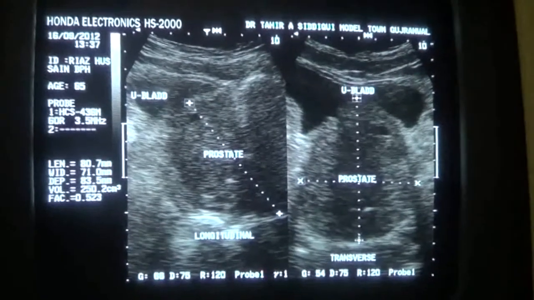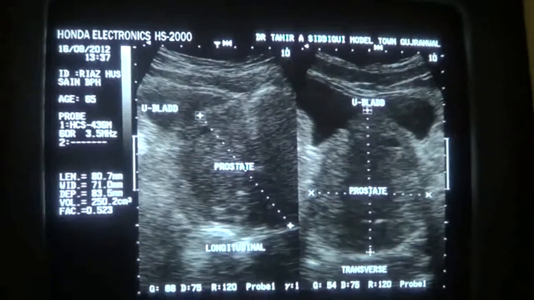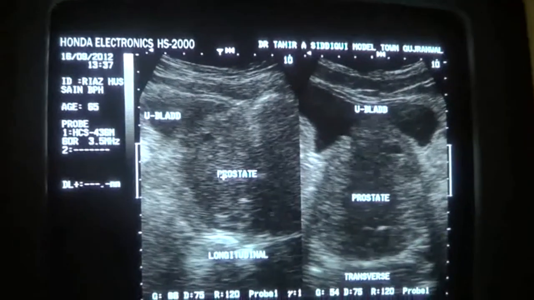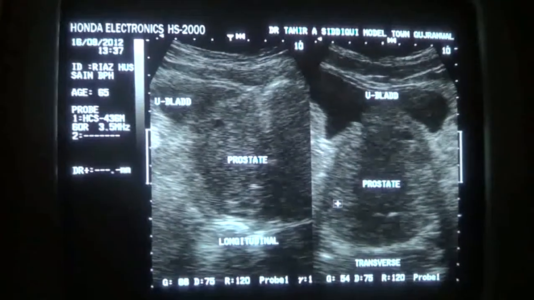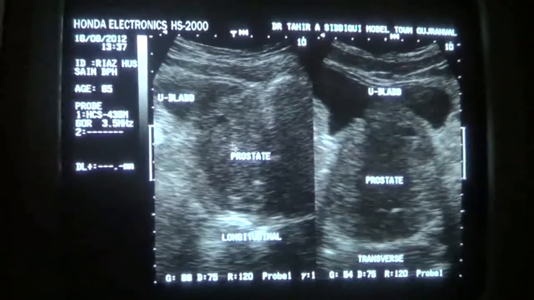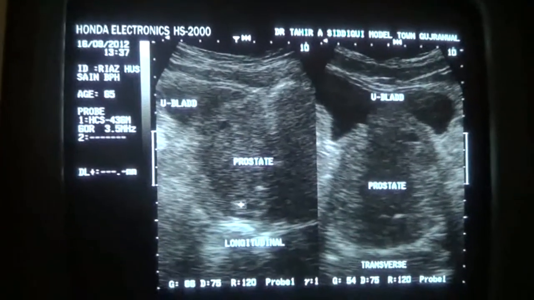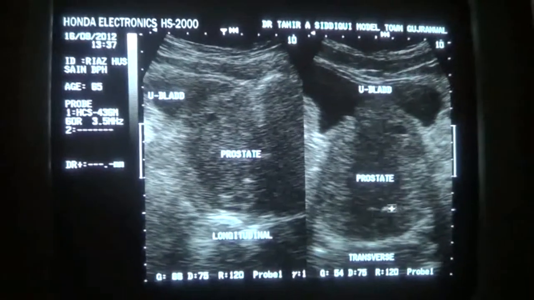So this is a significantly enlarged prostate, which you rarely come across, with small, tiny cystic areas, this area, as well as tiny calcifications in its substance.